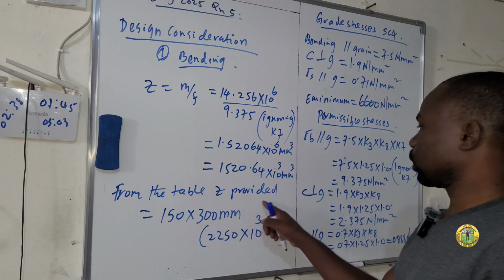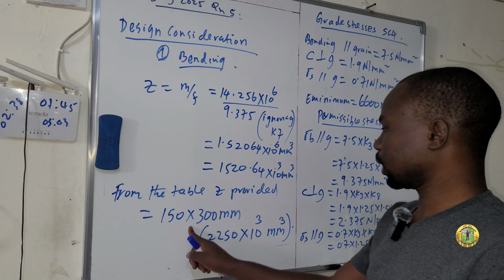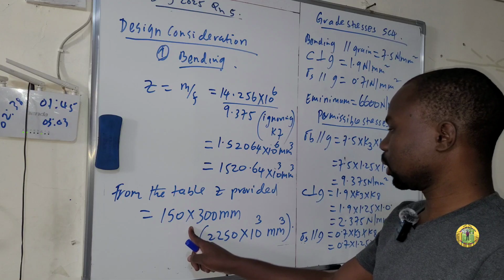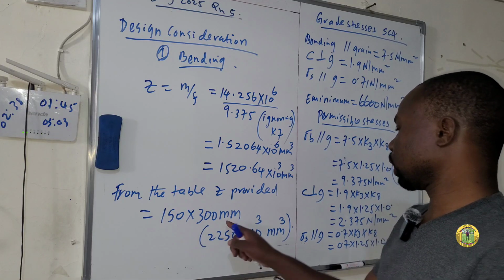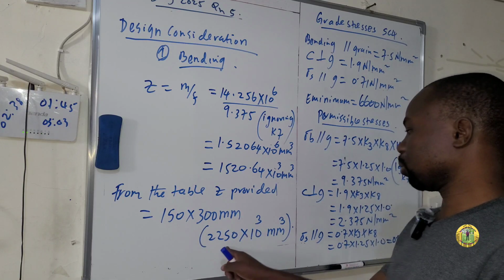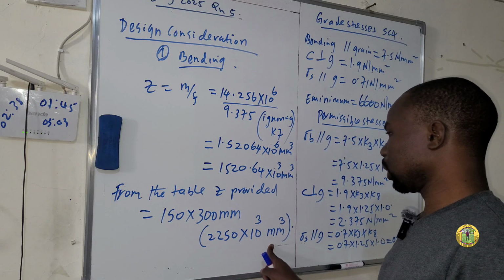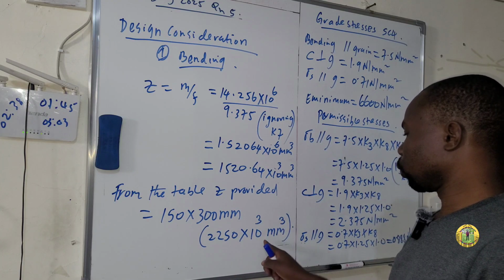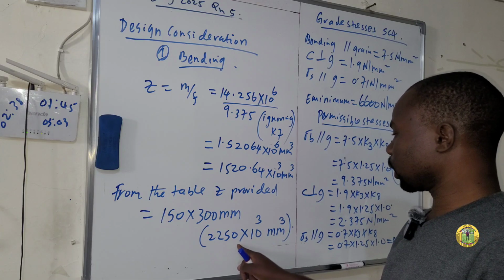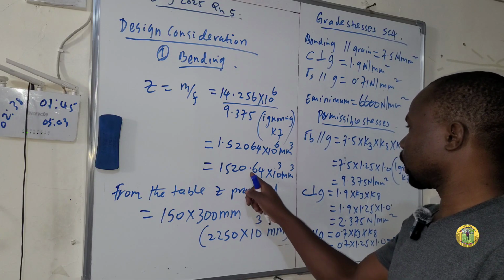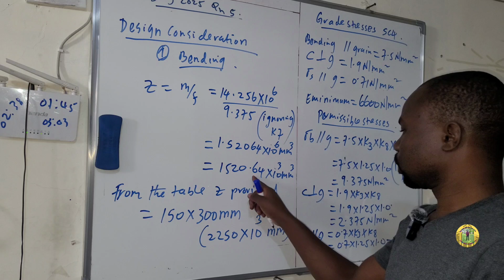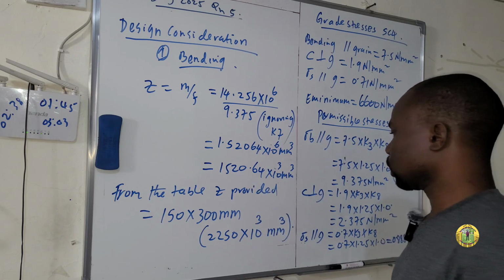So this is now the size of the timber section, 150 by 300 millimeter, and Z from the table is 2250 times 10 raised to power 3 millimeter cubic. This one should be slightly higher than this.